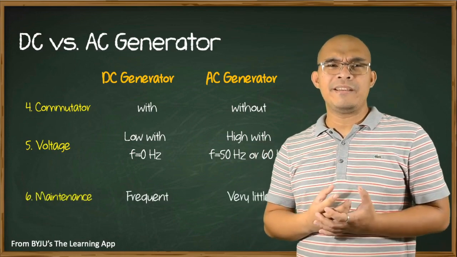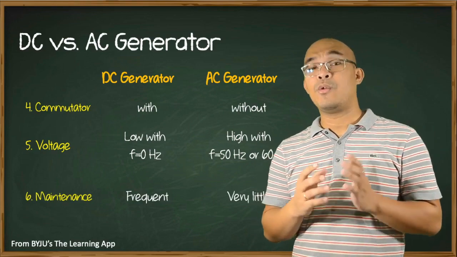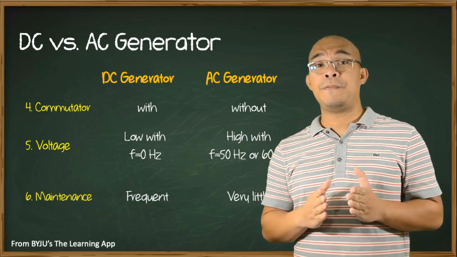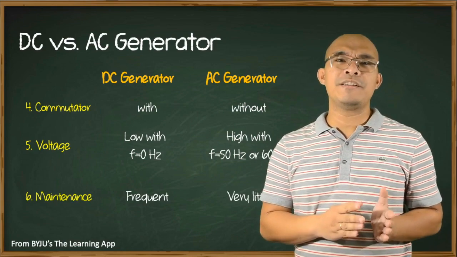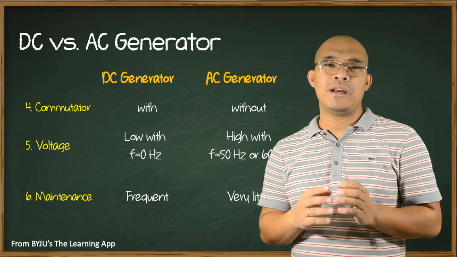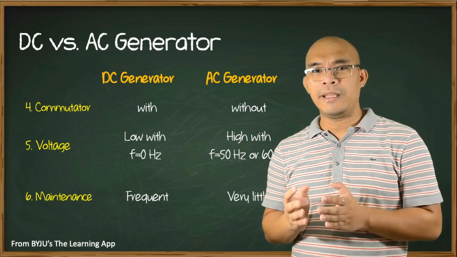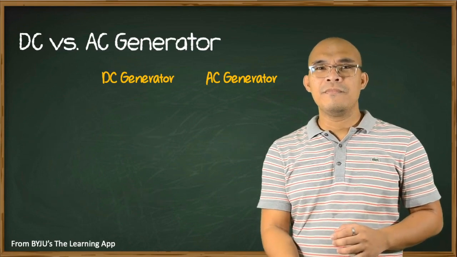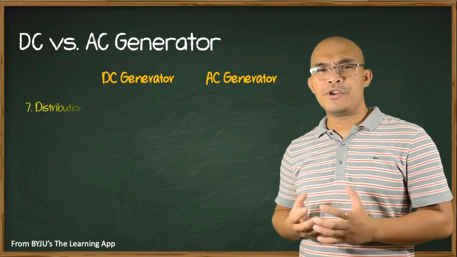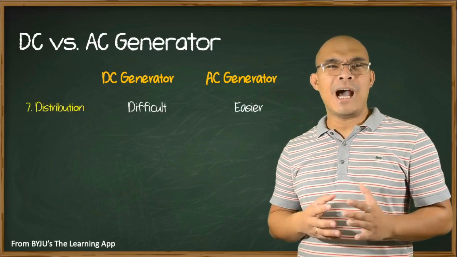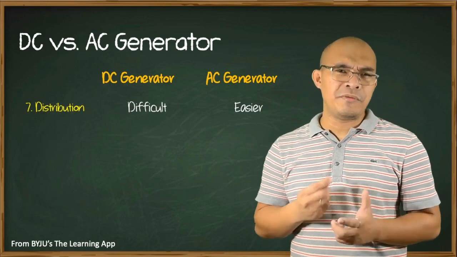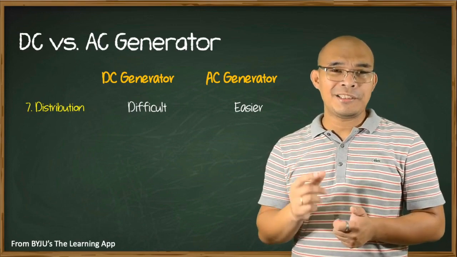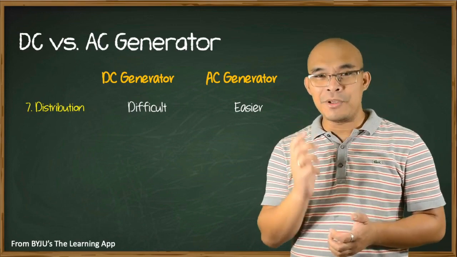When considering maintenance, a DC generator requires frequent maintenance and is less reliable, while an AC generator requires very little maintenance and is highly reliable. With respect to distribution and transmission, the output of a DC generator is difficult to distribute as transformers cannot be used.